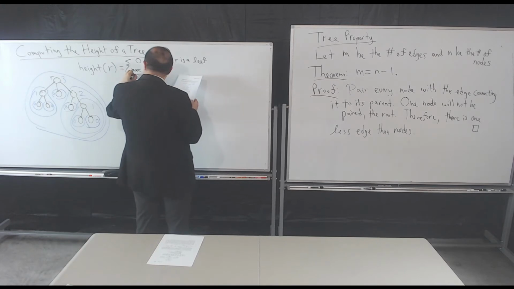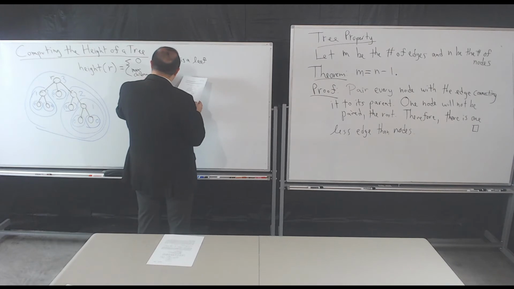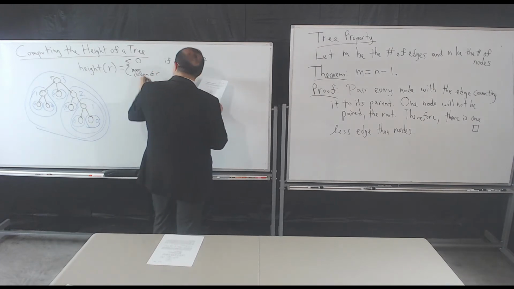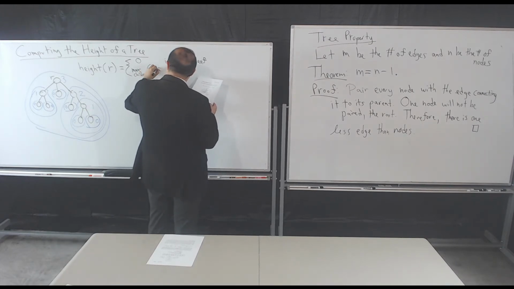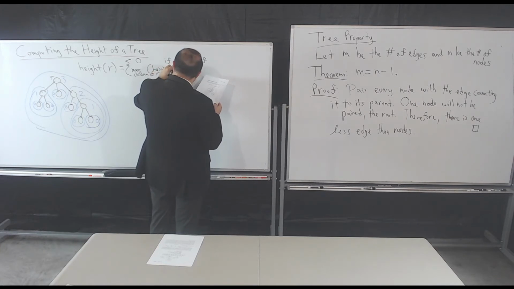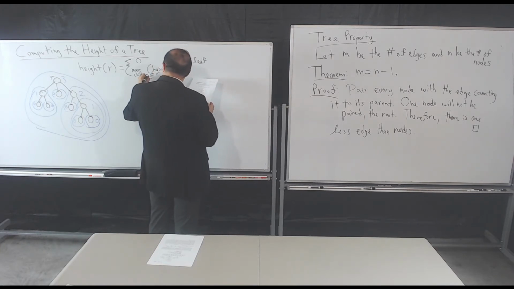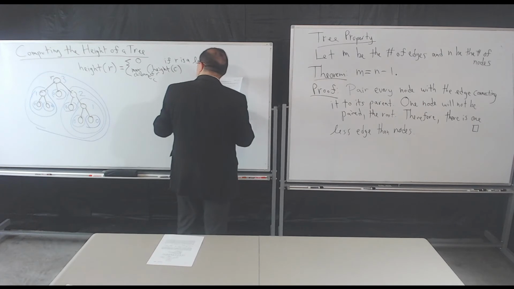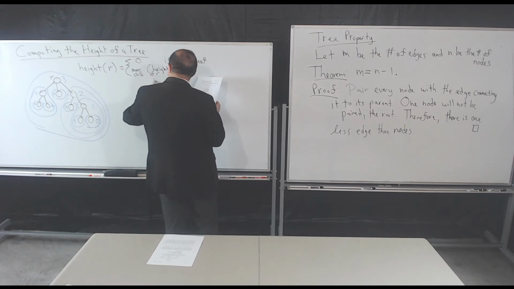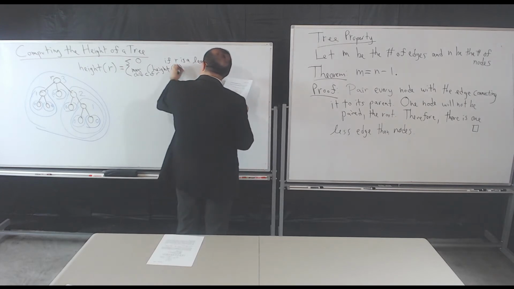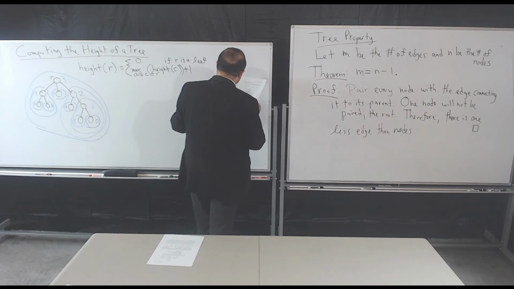It's the max among the children of R of the height of the child. So I'll give the name of each child. I'll call this child C of R. So I consider all the children of R, and I compute the height of each, and I take the largest of these, and I add 1 to it.